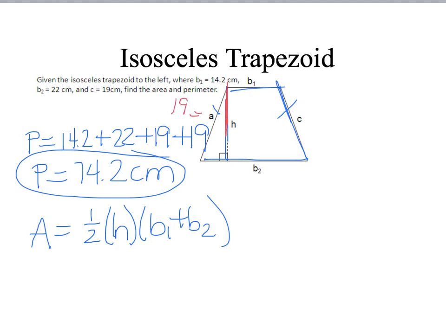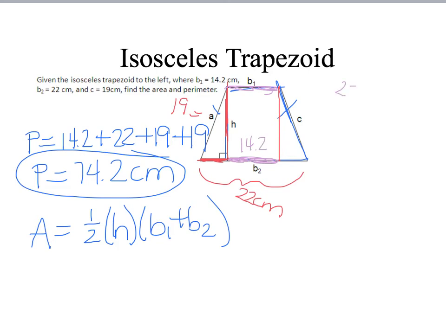I know that the height will make a leg of my right triangle, and then I don't know what that is, but I can figure it out. All of base 2 is 22 centimeters. If I draw in another height over here, then this part of base 2 will be equal to base 1, which is 14.2.